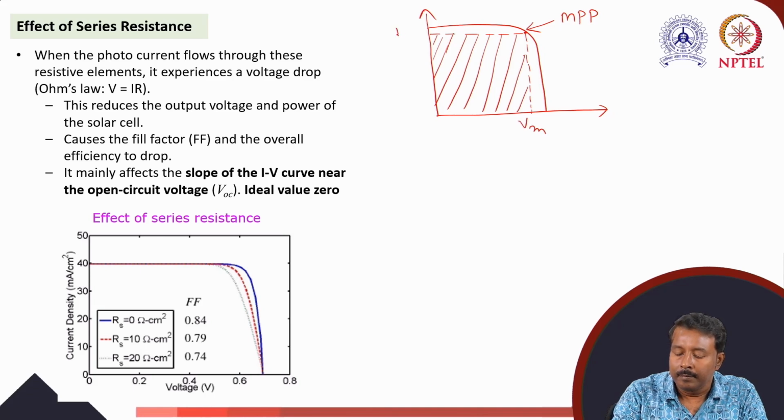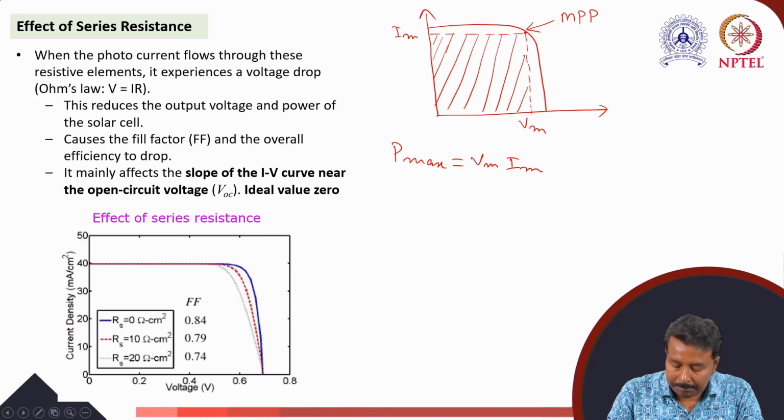So P max in that case will be Vm into Im. But suppose another case when RS is different.